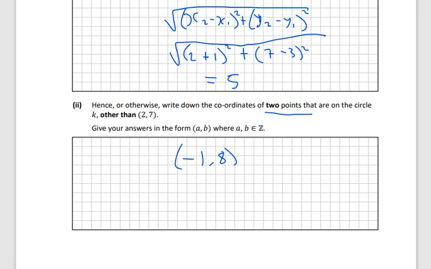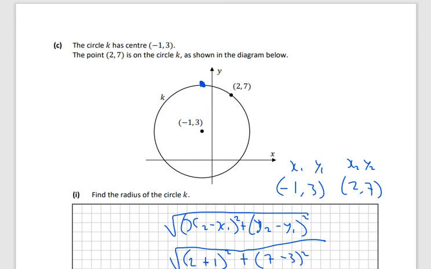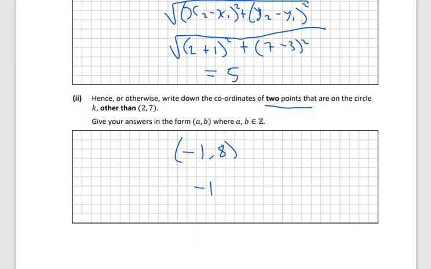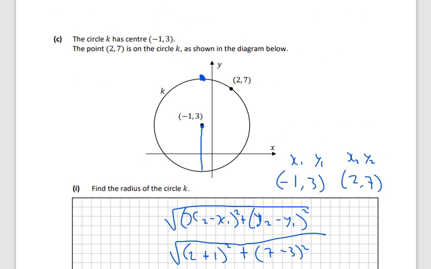And on to 2 points. Same thing happens if I go down 5. Then it would be -1, and then do 3 take away 5, and that's -2. So (-1, -2) is another one. If you wanted to go across 5, over here, then it will be the x coordinate that changes, so it will be (-6, 3).